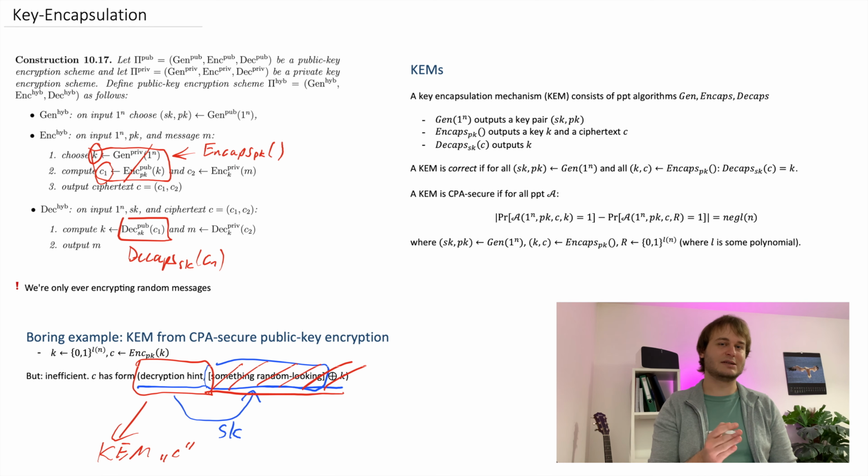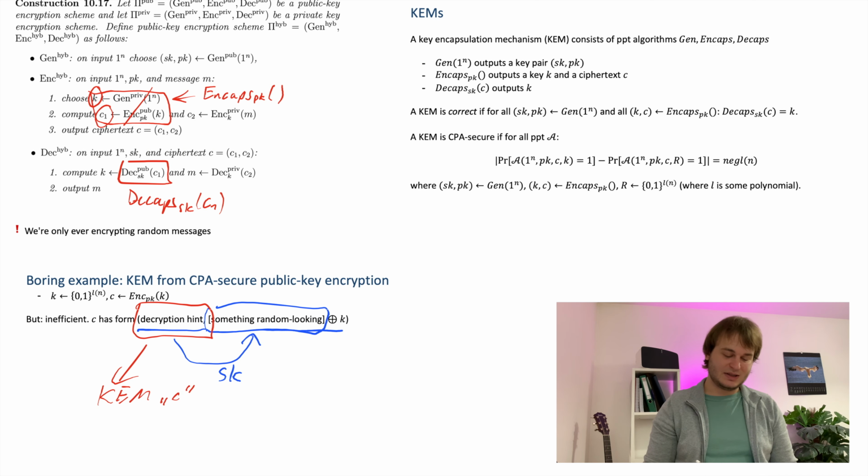It just contains the decryption hint. And then the something random looking will just be the key K, which means it's something that you can just recreate using the secret key. That's what was used for decryption previously. And it's something that you also compute during the encryption part because you need to compute it in order to XOR it with your message. So it's something that the Encaps algorithm would also be able to output.